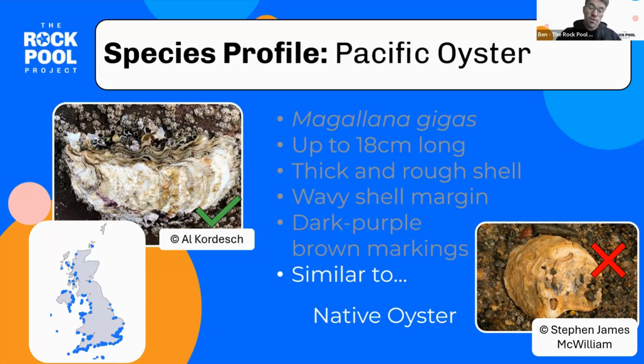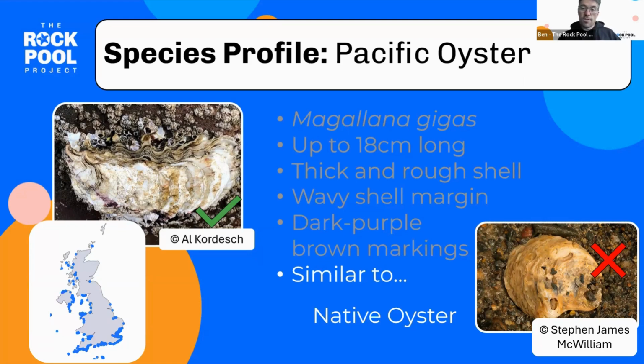Whereas the Pacific oysters, in some places we see them all the time, and actually quite high up the shore. In terms of the shape, the Pacific oysters and also the native oysters, to some extent, can adapt their shape based on the rock that they're attached to, so it can be quite changeable amongst the different individuals. But they're fairly easy to distinguish, and if you find an oyster rock pooling, then there's a good chance that it is a Pacific oyster, I would say, rather than a native oyster.